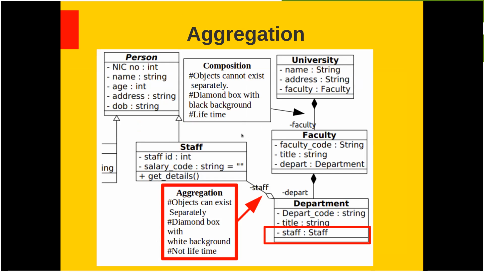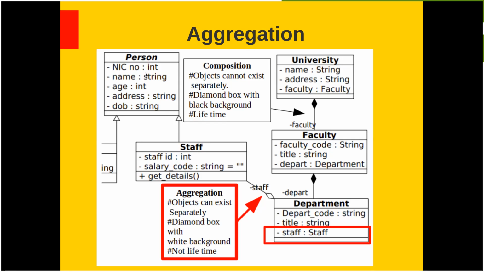Here, aggregation. Aggregation means objects can exist separately. This staff and department. The relationship between person and staff is inheritance, because staff is a person. There are two relationship types: is-a and has-a.